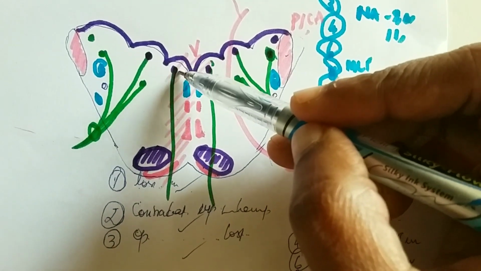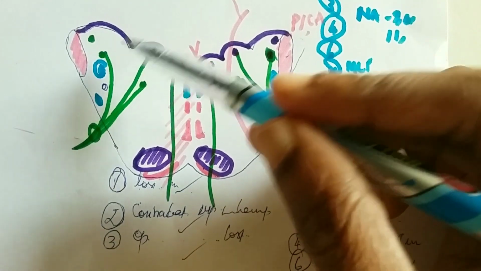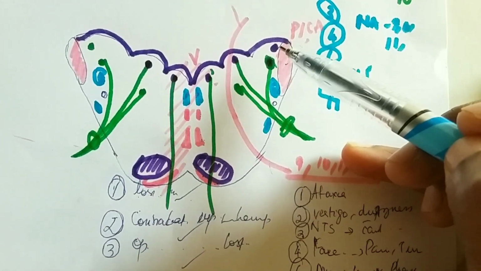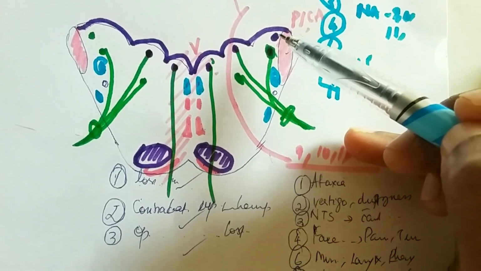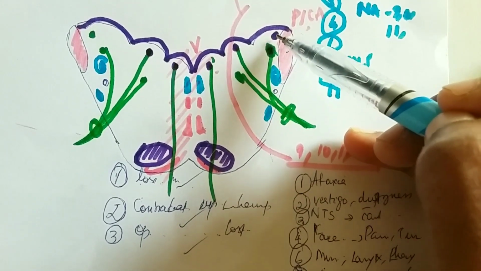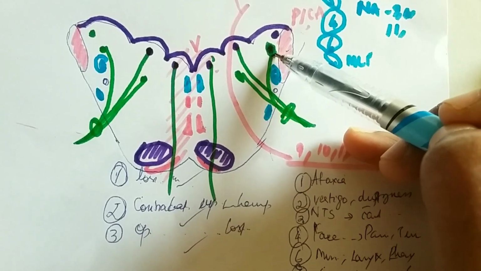Okay, next is hypoglossal nucleus and the hypoglossal nerve. And here only the student should not make any mistakes. So there is some order. You please follow the order. Number one, the cerebellar peduncle to be drawn. Next to that is vestibular nucleus. Just ventral to that is your nucleus tractus solitarius.